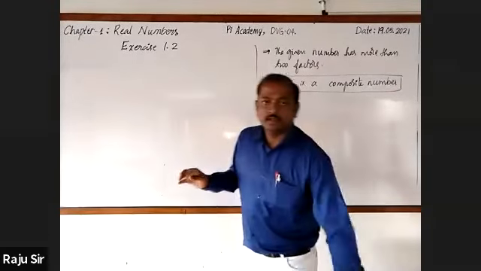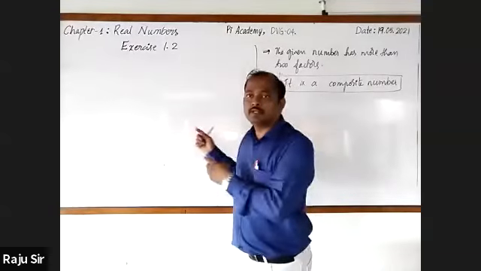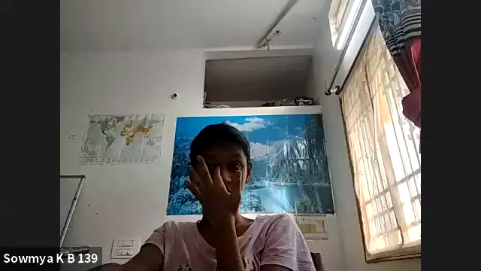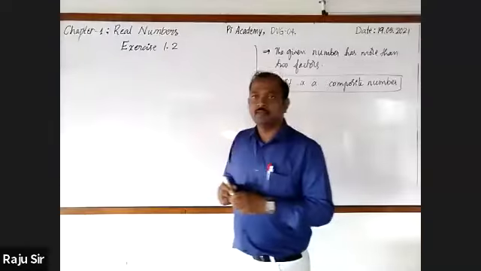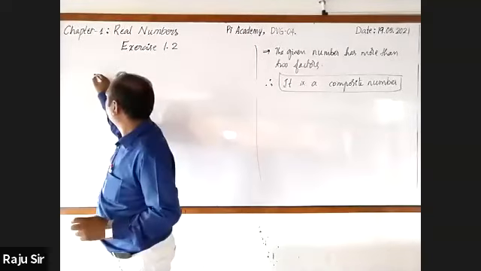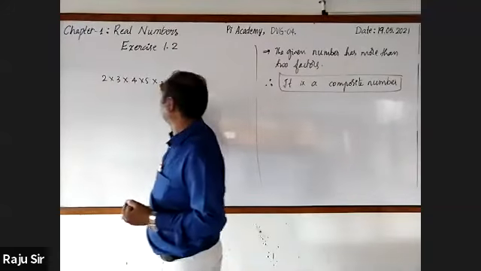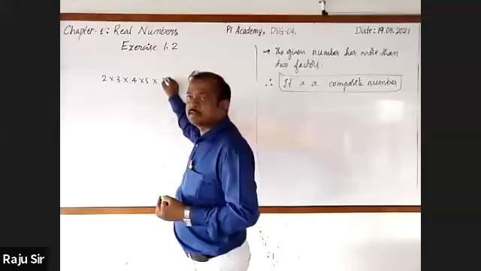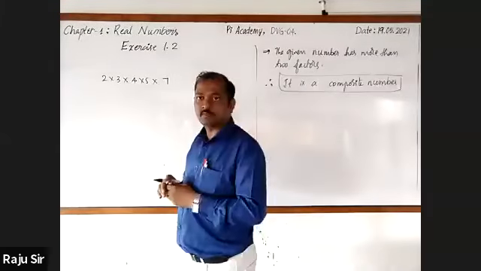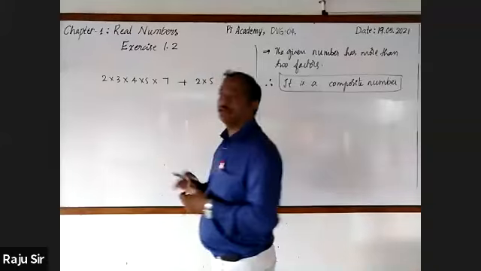In the examination, they had given one question related to this, but in a bit different way. I'll give you the same. Please don't copy, observe. The number was given like this: 2 into 3 into 4 into 5 into 7 plus 2 into 5.